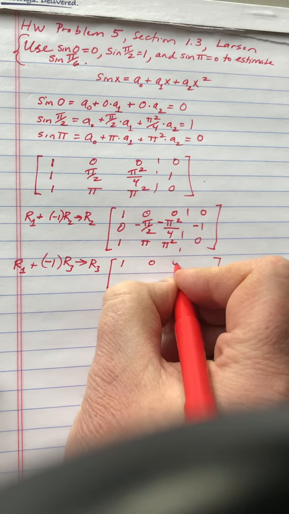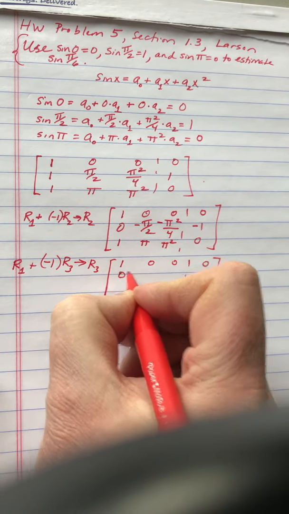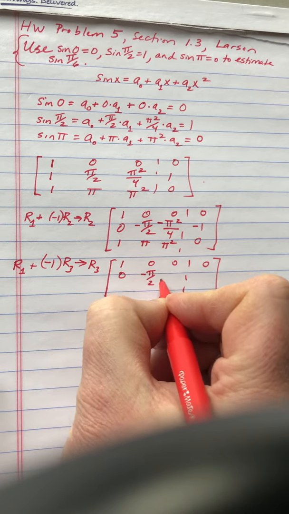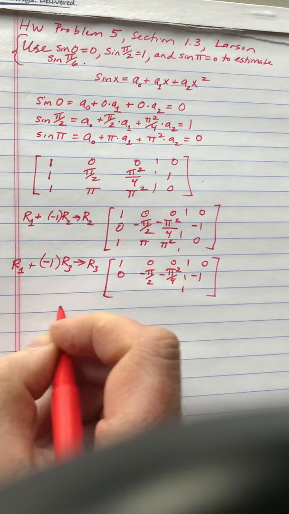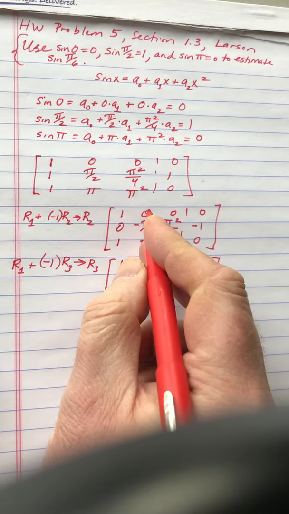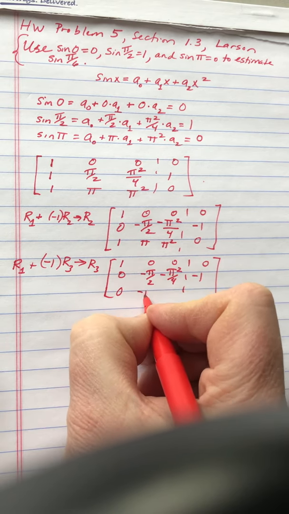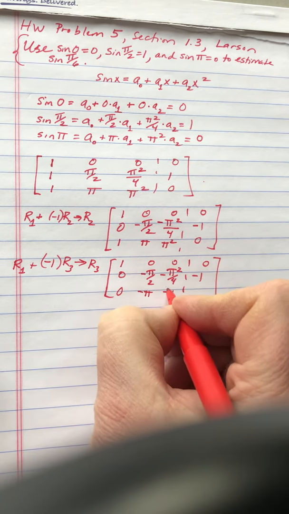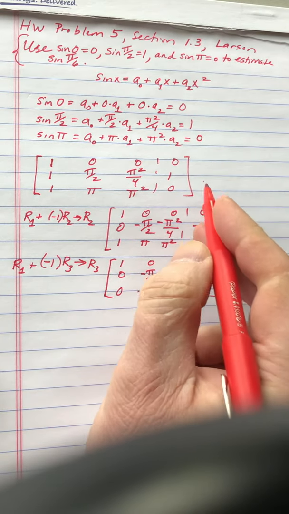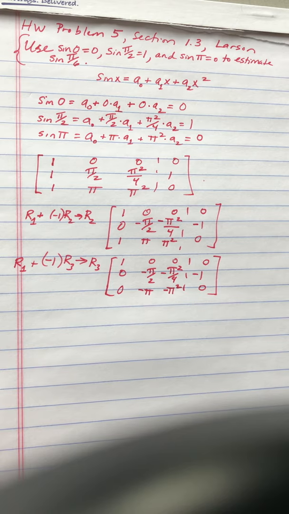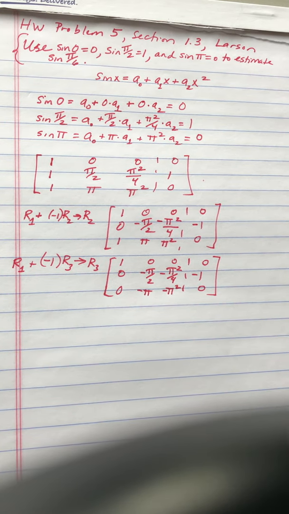Again, the first row does not change. This time the second row doesn't change. Now the third row does change. I get a 0 here. I get a negative pi here. I get a negative pi squared here. And then I still get a 0 over here because I'm working only with zeros. All right, so they don't change when I multiply and add. Okay, but that's looking better.